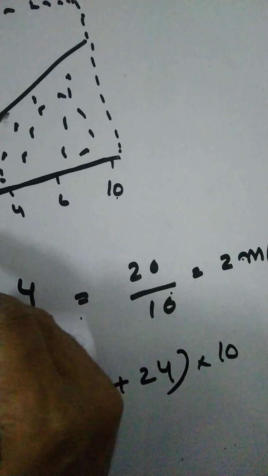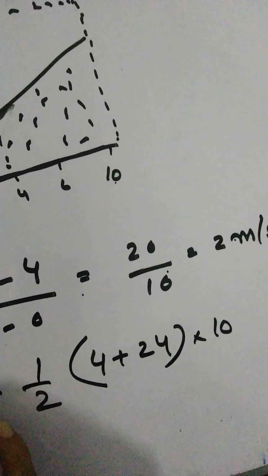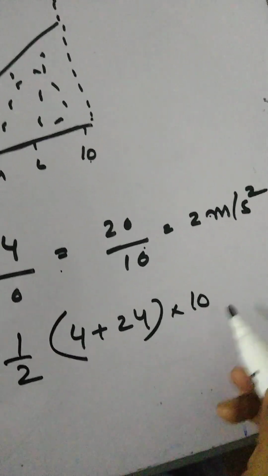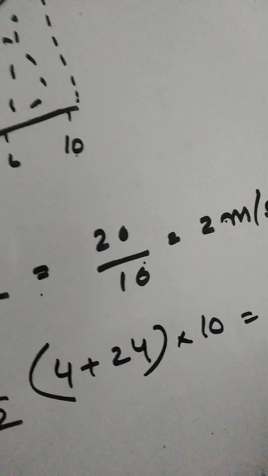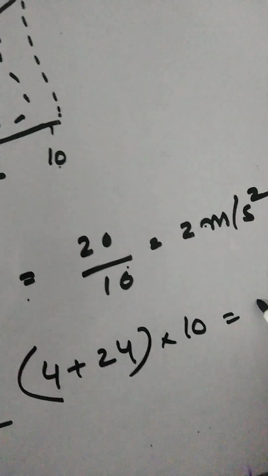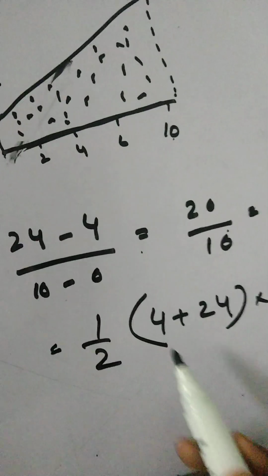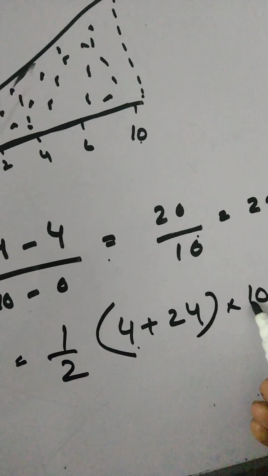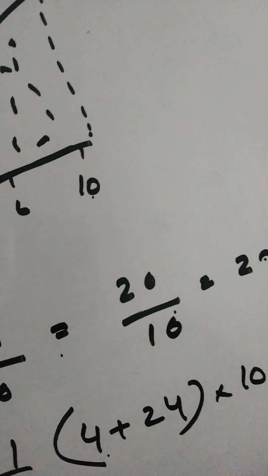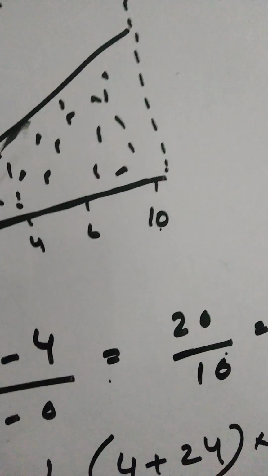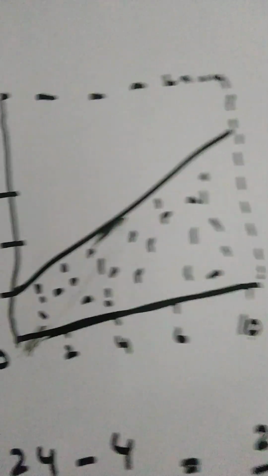Mostly this 10 is represented as the height, or h. After solving the addition, multiplication and division, we get 140 meter as the answer, which is the distance the car has covered, as given in the graph.